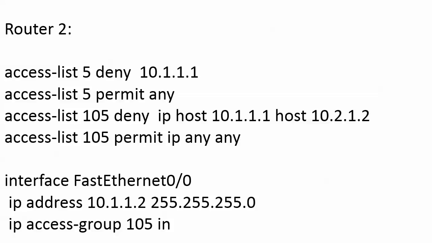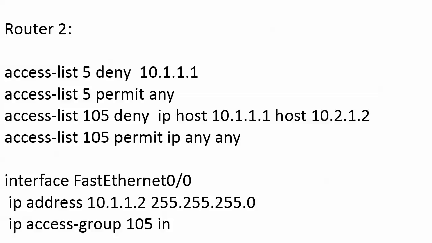Now, an answer begets another question. What happens if only one of these two criteria are met? What happens is the line does not take effect. So for this first line of the ACL, 105 deny IP host 10.1.1.1 host 10.2.1.2, the traffic has to have a source IP address of 10.1.1.1 and a destination of 10.2.1.2.